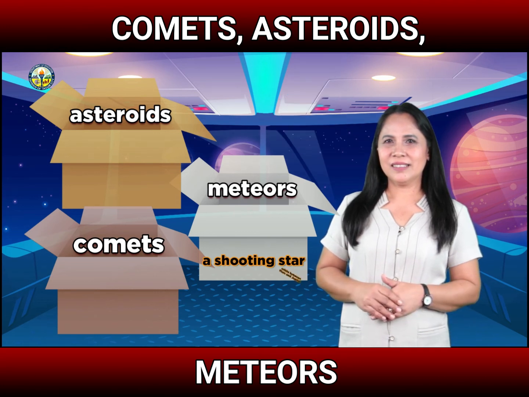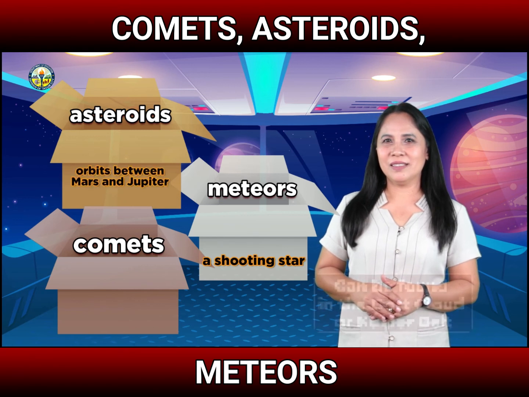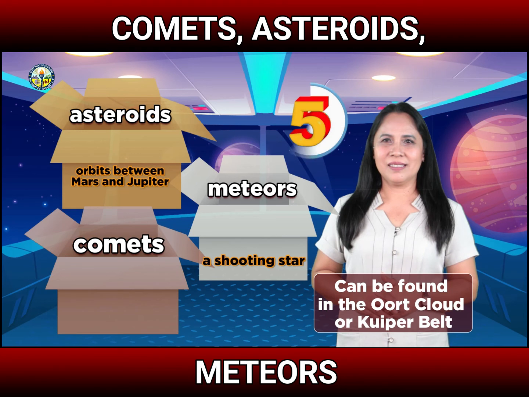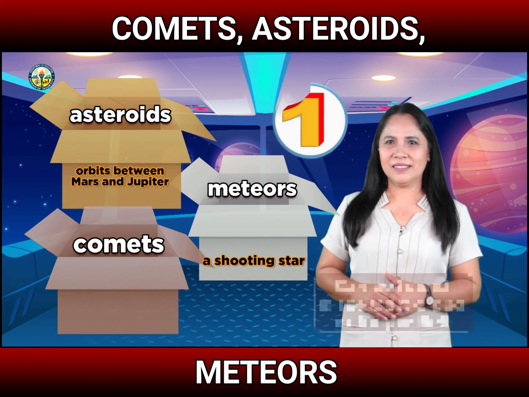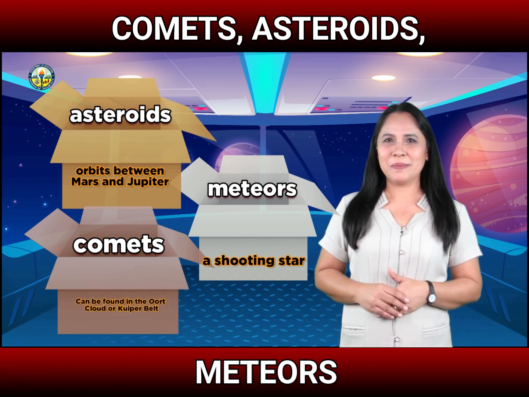Check, it belongs to asteroids. Third characteristic, can be found in the Oort cloud or Kuiper belt. Where do you think it belongs? Great! It belongs to comets.